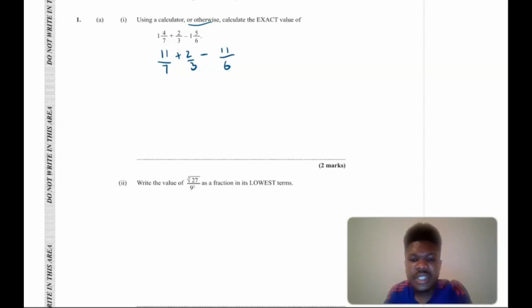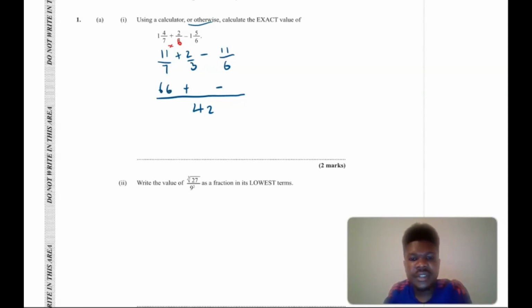Well, for 7 and 6, we can think of 42. So 42, I think this way works best. So 42 here, put the plus here, put the minus right there. And then we say 7 into 42 goes 6 times. 6 times 11, that's going to give us 66.